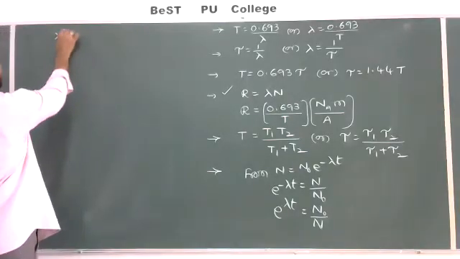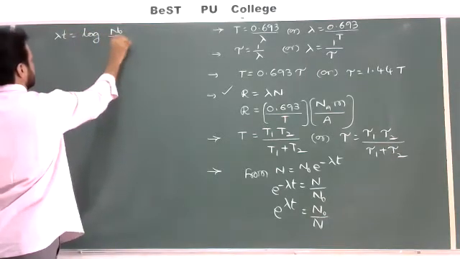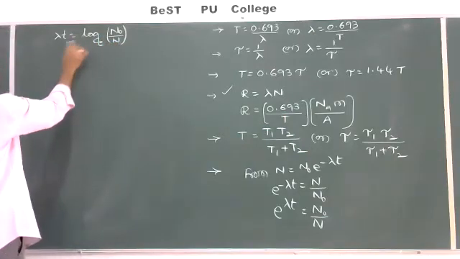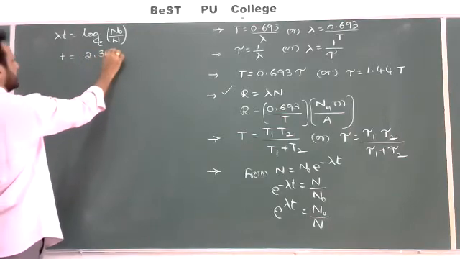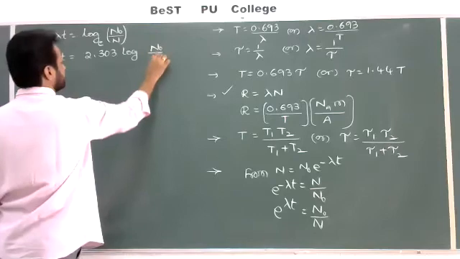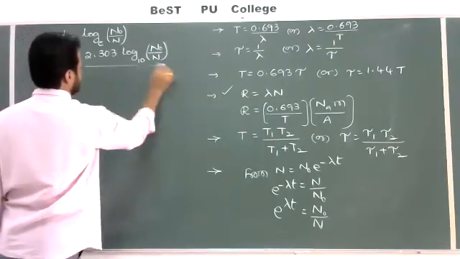So lambda t is equal to log N naught by N base e. I will convert this value and take lambda also to the right side. The time taken t is equal to 2.303 into log N naught by N base 10 divided by lambda, you should write.